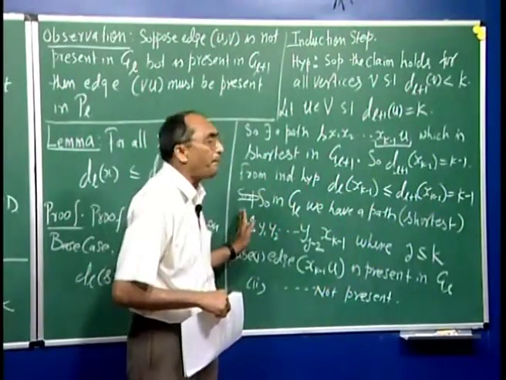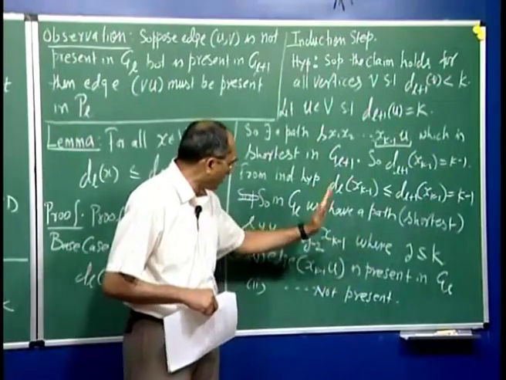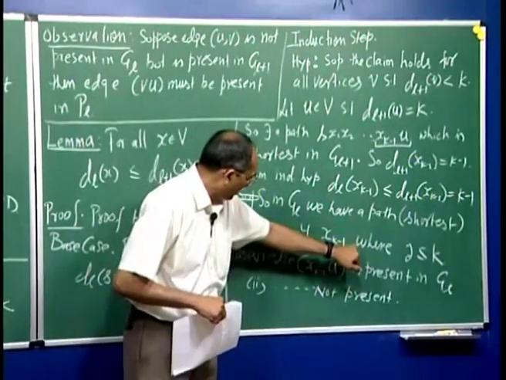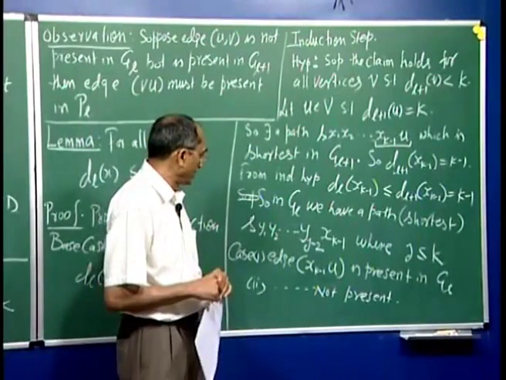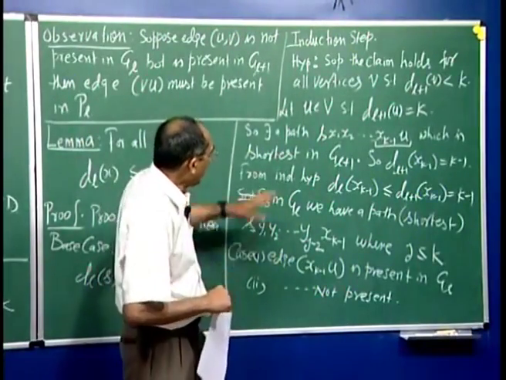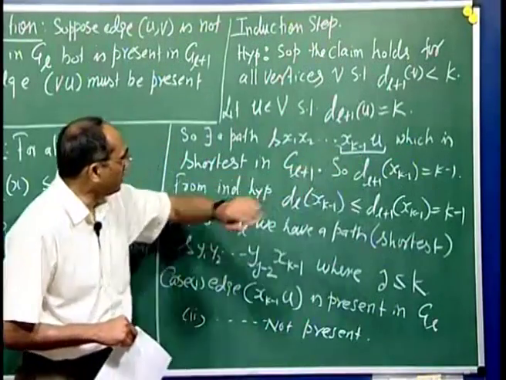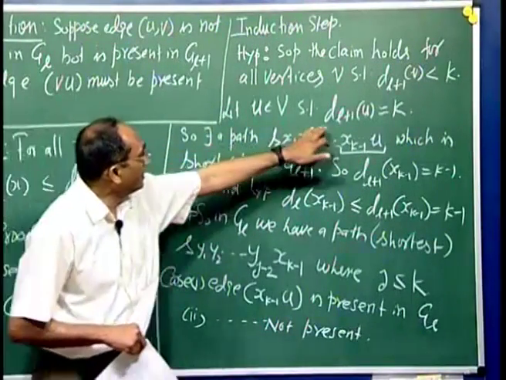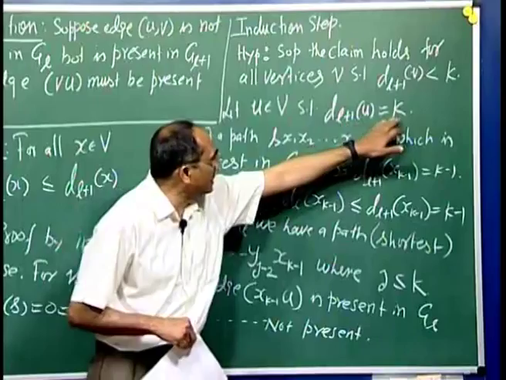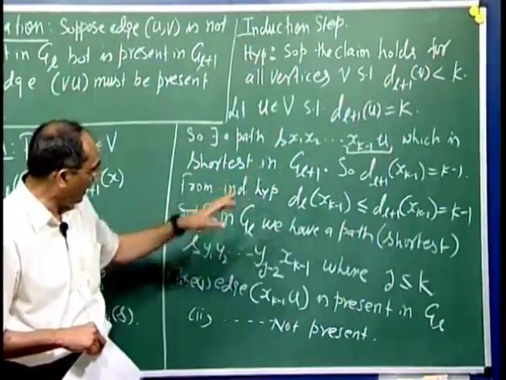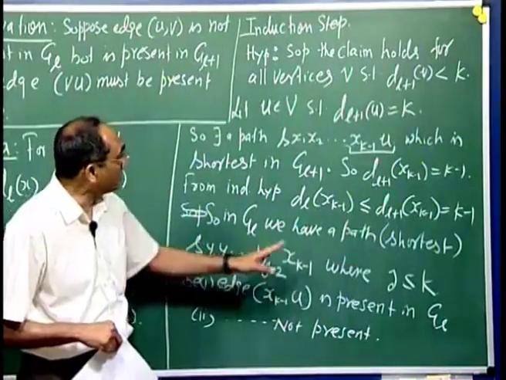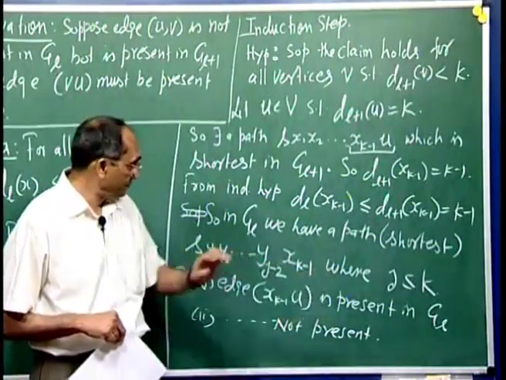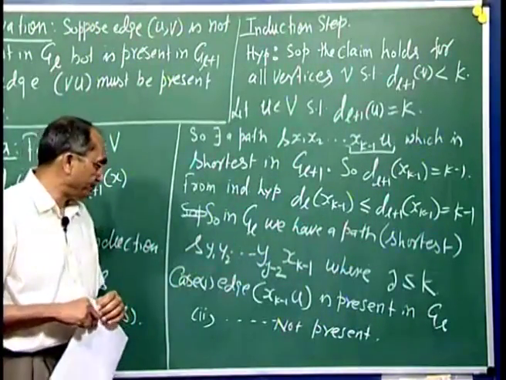So there has to be a path of length less than or equal to k from S to U, and that is what we want to show, that if dL plus 1 u is equal to k, then there is a path of length no more than k from S to U in GL as well.